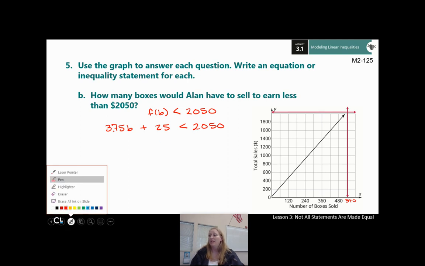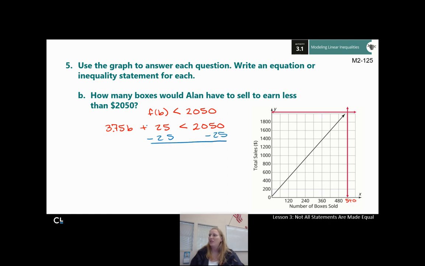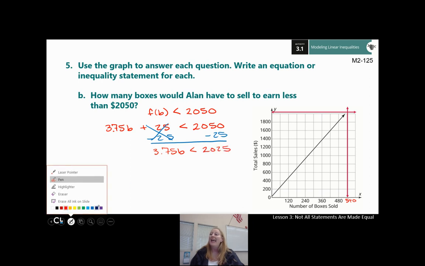So, all right, let's keep this party going. Subtract 25 from both sides, just like we did on the warm-up, right? Same trick. So I get 3.75b is less than 2,025. And again, I'm going to divide by 3.75 on both sides.